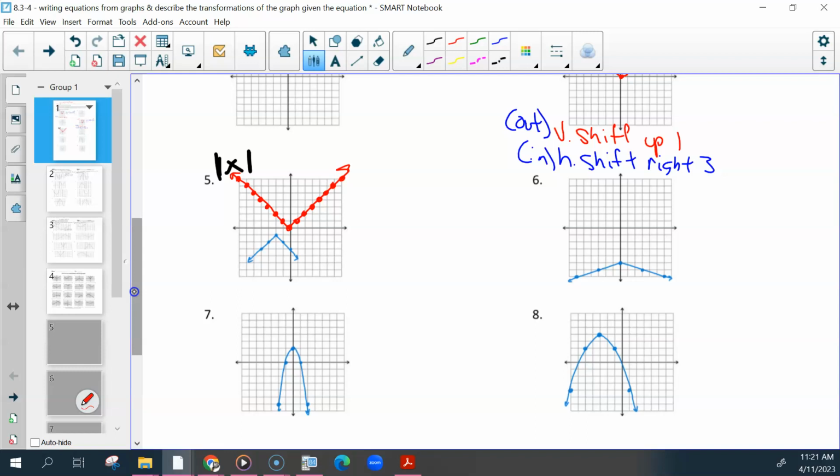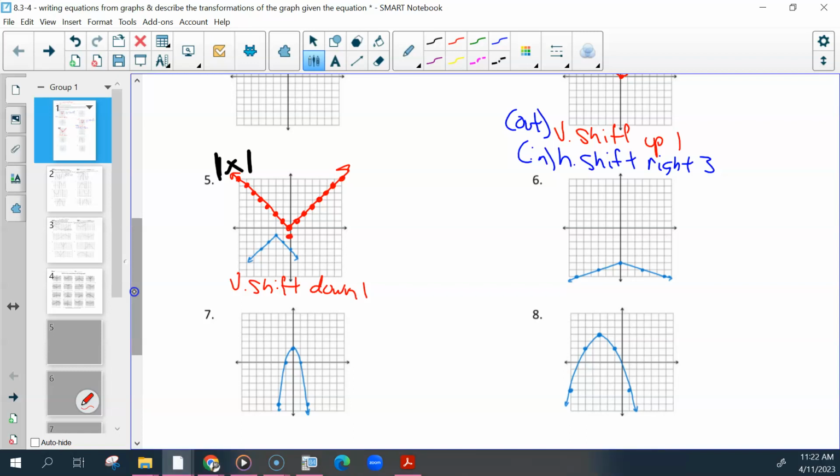So looking at the original compared to what's given, what happened? Vertical shift up. From this point to this point, did it shift up? Down. It shifted down. But if it just shifted down 1, it would be here.